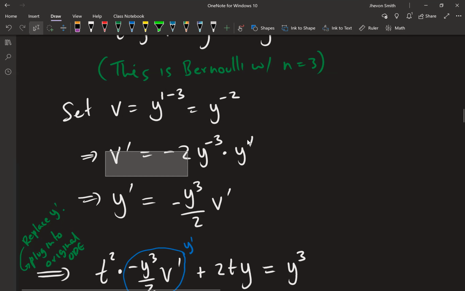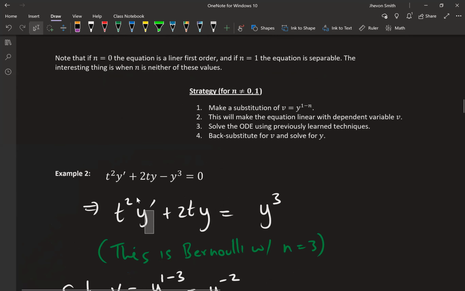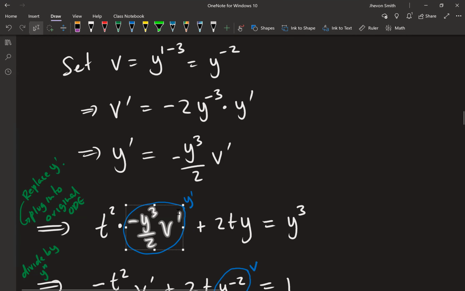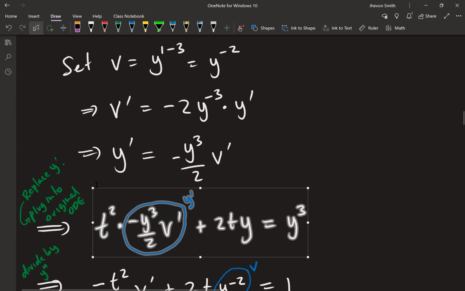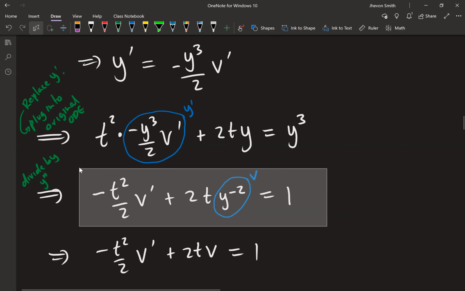I differentiate both sides of the substitution. That helps me solve for the y prime. Then I go to the original and plug in that y prime. And so now I have this new equation. Once I'm in that new equation, I start to simplify. I can simplify by dividing both sides by y to the n, which in this case is y cubed. If I divide through by y cubed, I get this equation.